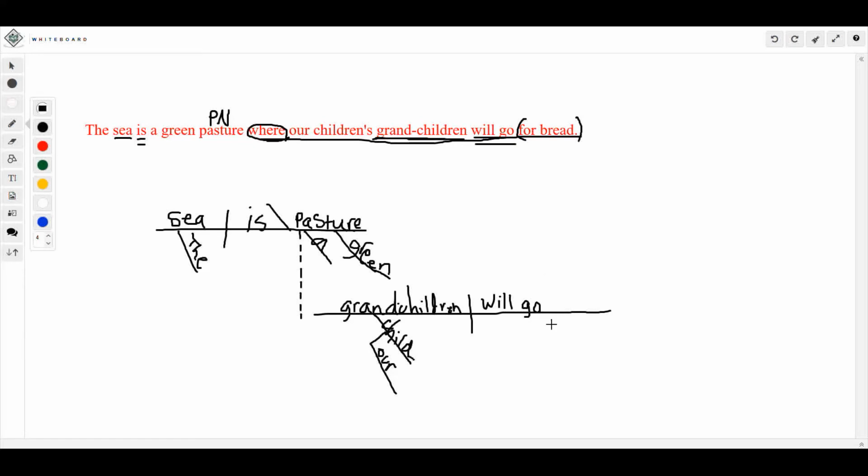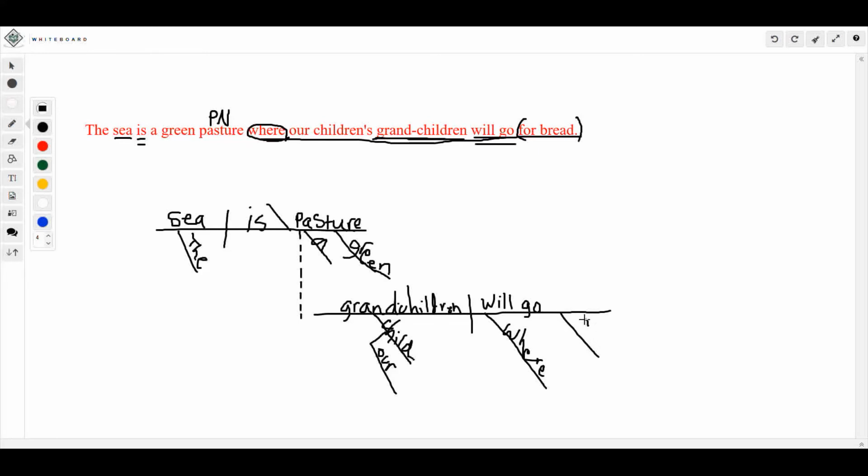Now, we've already done will go. Now we need to put the word where, and we need to put our prepositional phrase for bread. Where is telling us where we're going to go, so where goes here, and our prepositional phrase tells us we're going to go for bread.